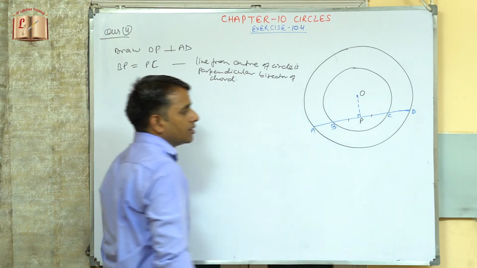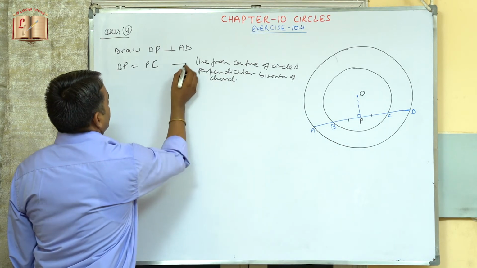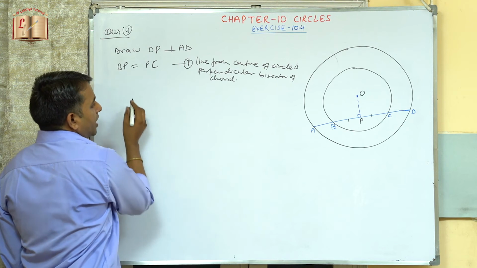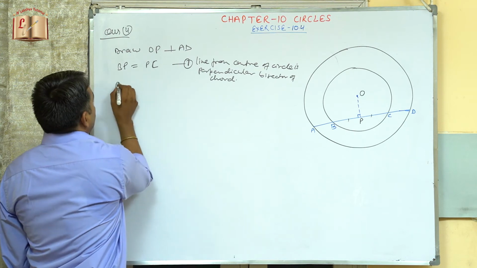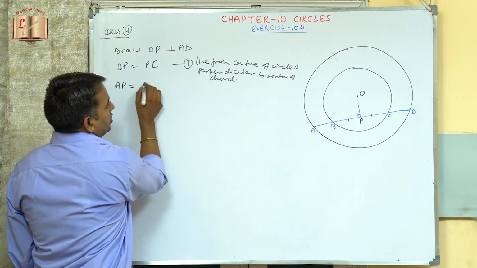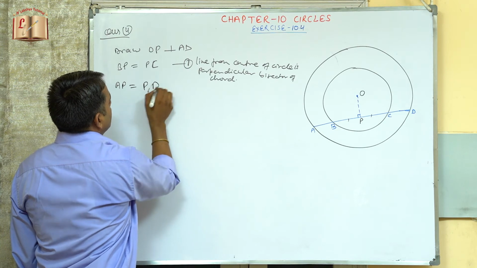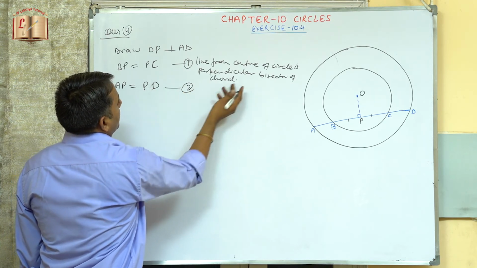So this side will be equal to this side. We can take it as equation number 1. Similarly, AP will be equal to PD. This is equation number 2.